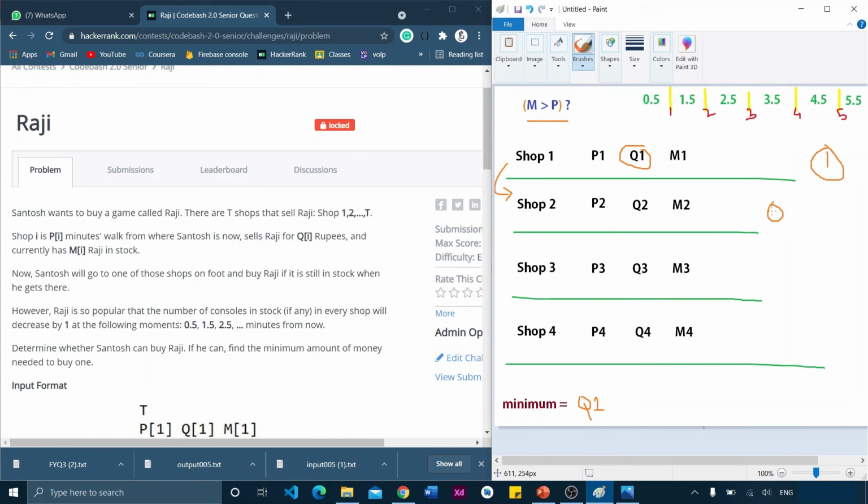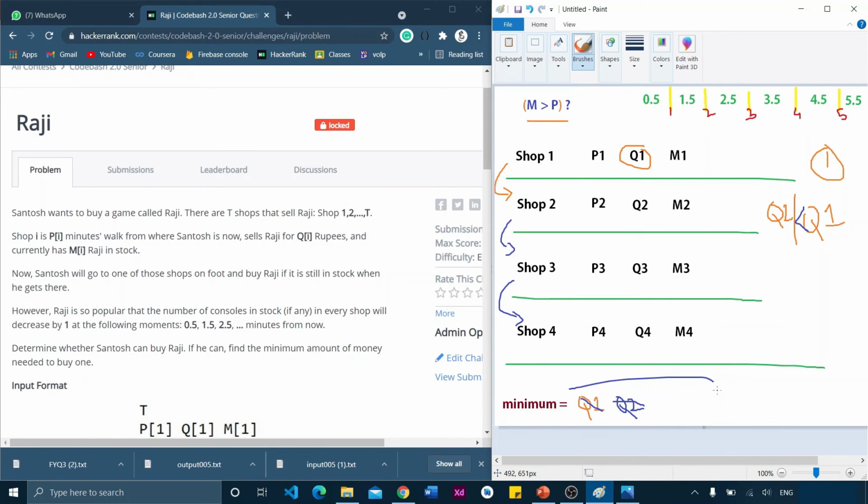In this scenario, you have to compare Q2 with Q1. If Q2 is smaller than Q1, then you update the variable minimum as Q2. In this way, you iterate through all the shops and find the minimum value our friend will have to pay to buy the game.